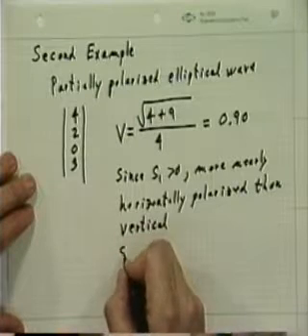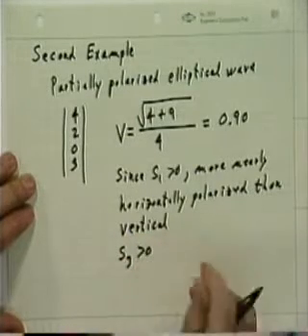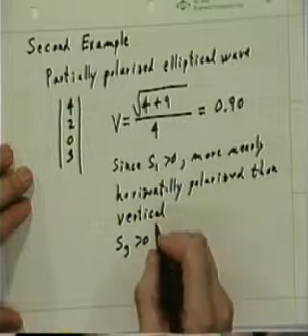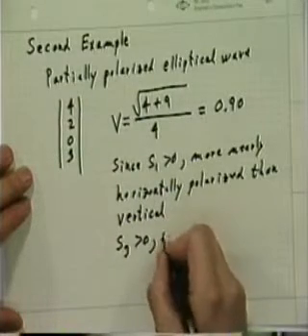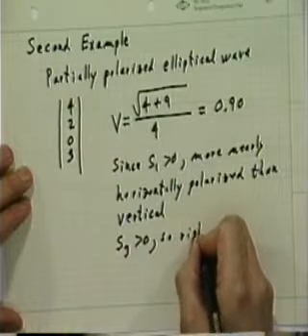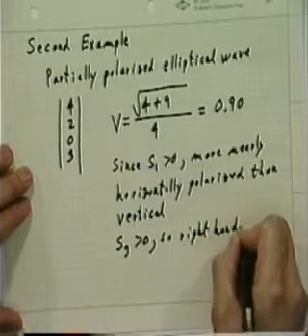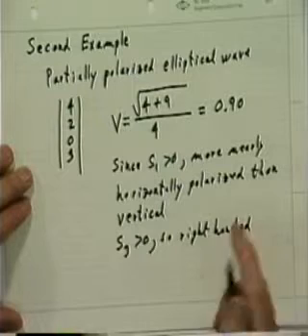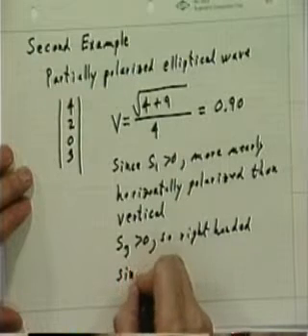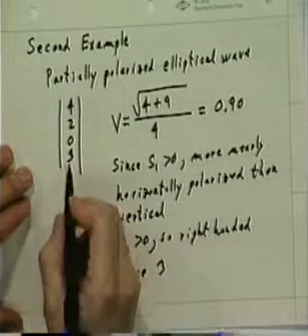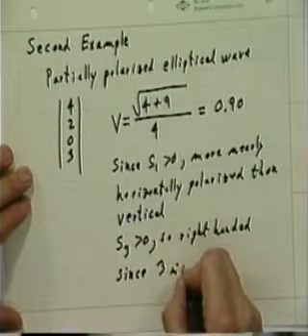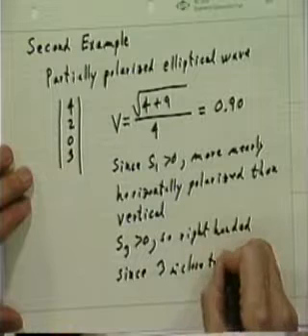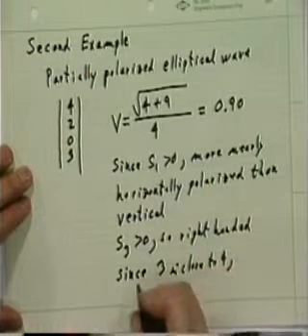And S3 is greater than 0, so right-handed it will turn out. And it also turns out since 3 is close to 4, this is nearly right circular.